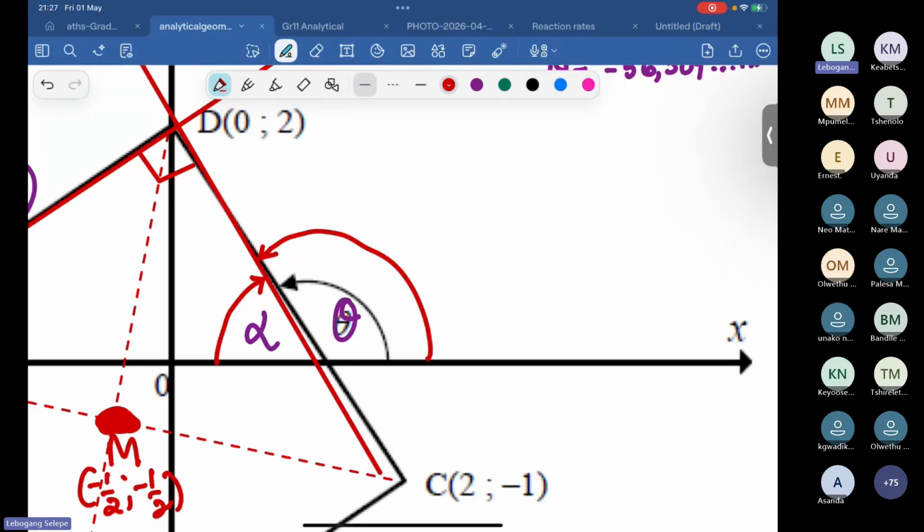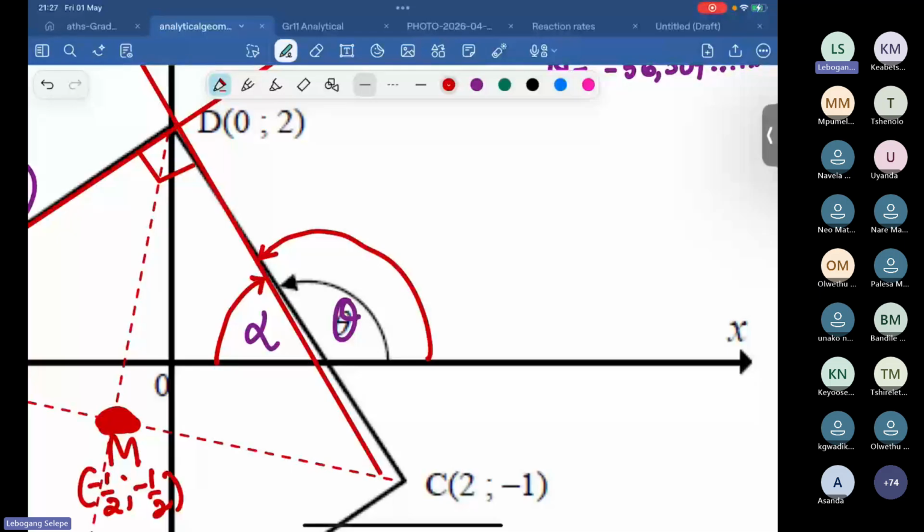In this case, we got a negative angle. That is telling me that this is alpha, but I can get theta by adding 180, because alpha and theta are angles on a straight line. That's why we add the 180 to get the other one, because of these two angles, alpha and theta, one is a positive angle and one is a negative angle. We add 180 because they're angles on a straight line, and that's it.